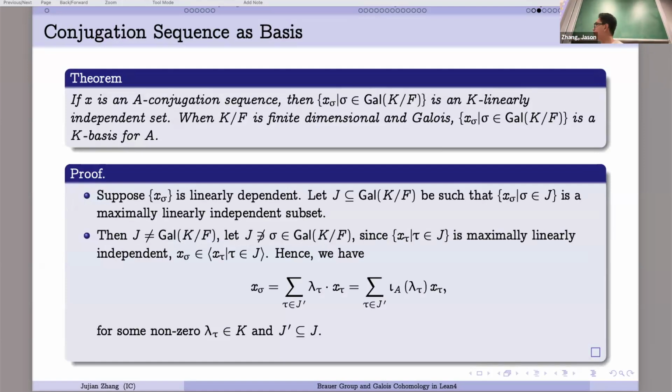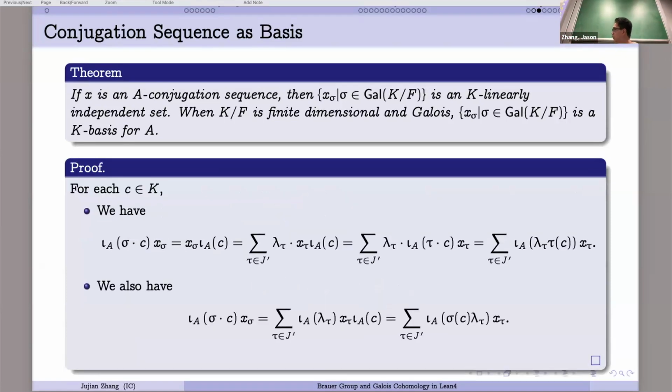Then we can find an arbitrary sigma that is not in J. And since J is maximally linearly independent, we can write X sigma in terms of those X tau that are in J. And if we just restrict our attention to the J prime such that the coefficients are non-zero, we can do some manipulations for them.